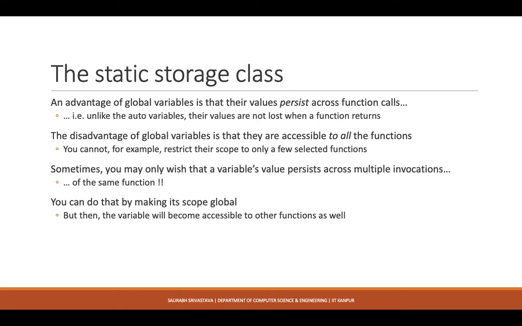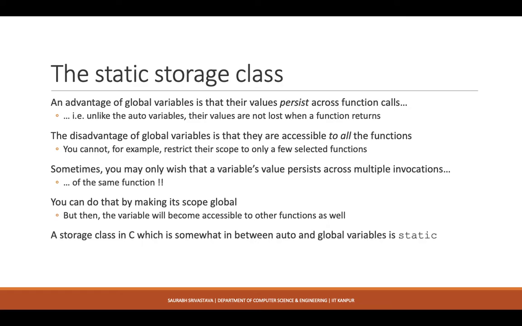For that, you can always use the global scope, if you don't have a problem with the value being shared with other functions. But if you want it to be restricted to the function where you require it, then there is one more option, and that storage class is static. Static variables are somewhat in between an auto and a global variable.